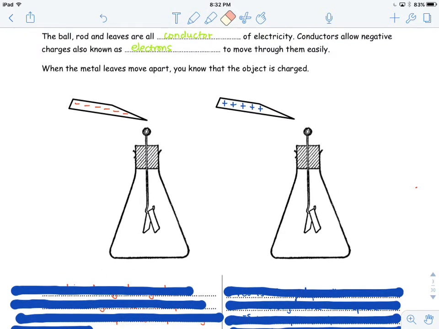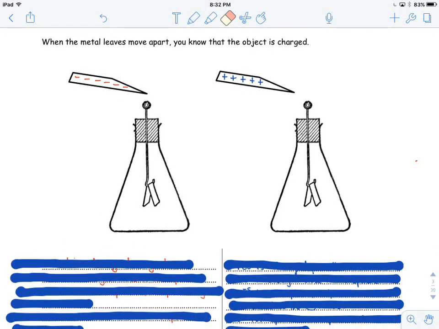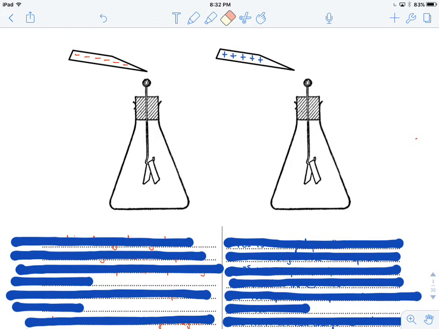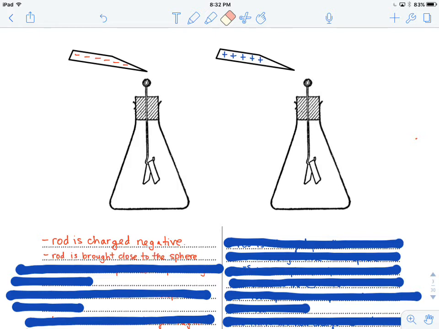So let's go through two examples of what happens when we bring a charged object close to the electroscope. Here in the first example is a rod that's charged negatively. This rod is brought close to the sphere on top.